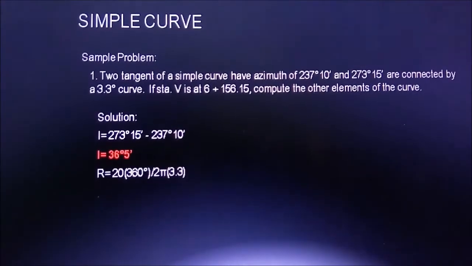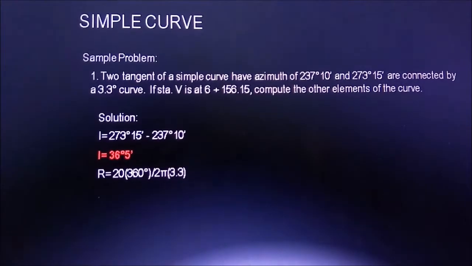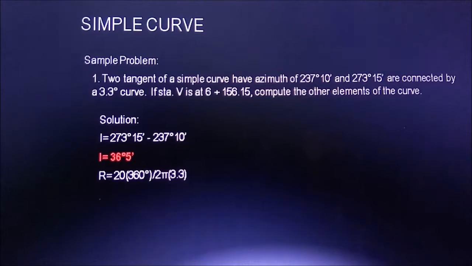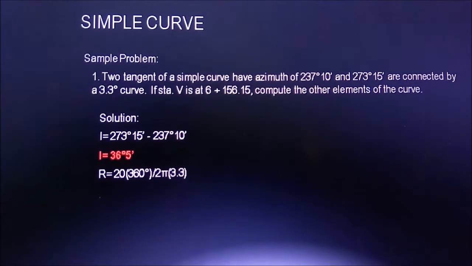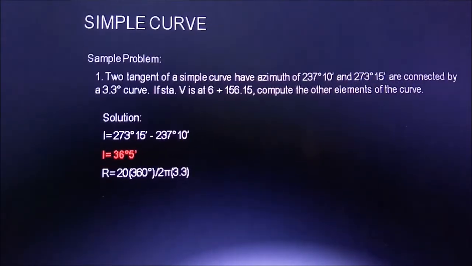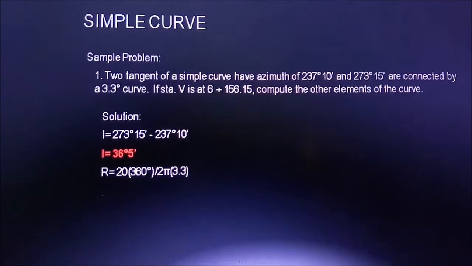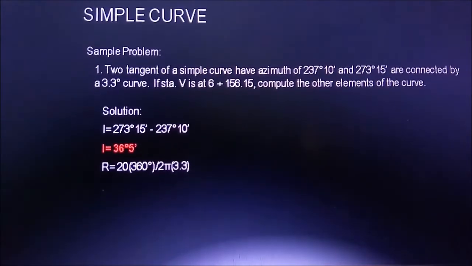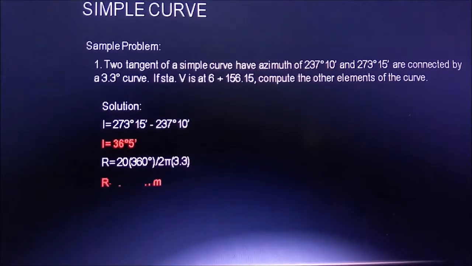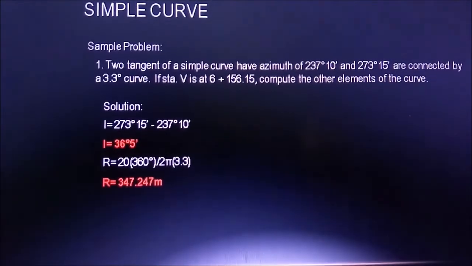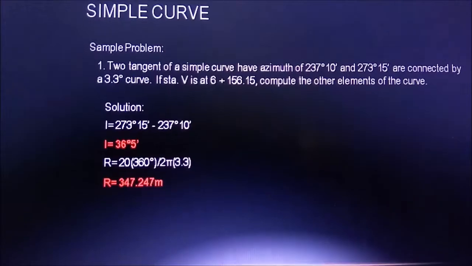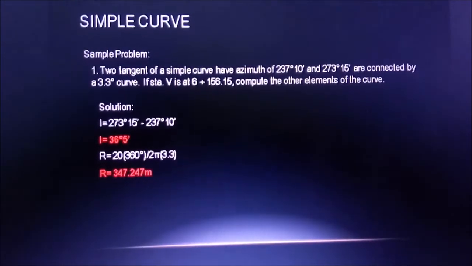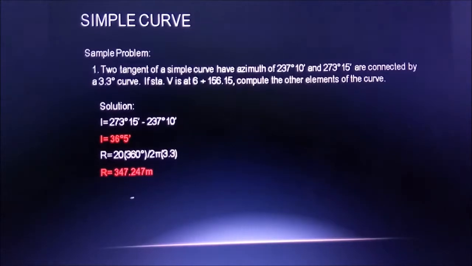The second element is the arc basis. R equals 20 times 360 degrees over 2 pi D. So R equals 20 times 360 over 2 pi times the degree of curve, 3.3, which is equal to 347.247 meters.